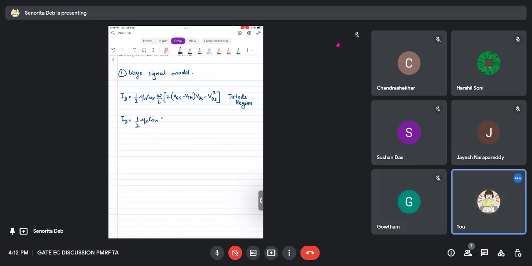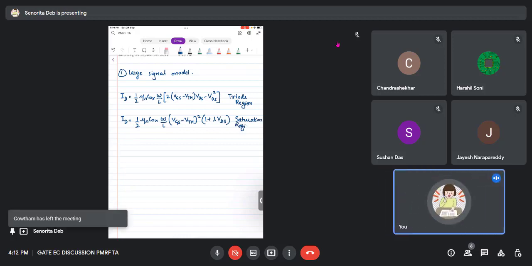Next was ID equals half mu n COX W by L, VGS minus VTH square, 1 plus lambda VDS. This was in saturation. The channel length parameter will come into play after the device has reached saturation, right?